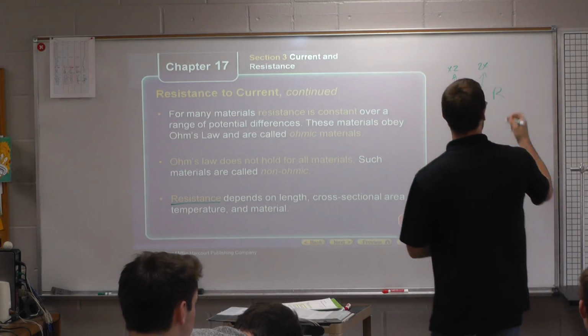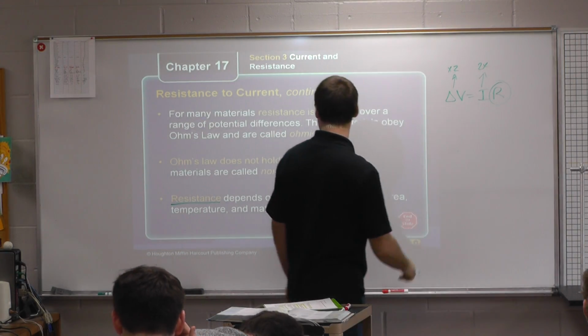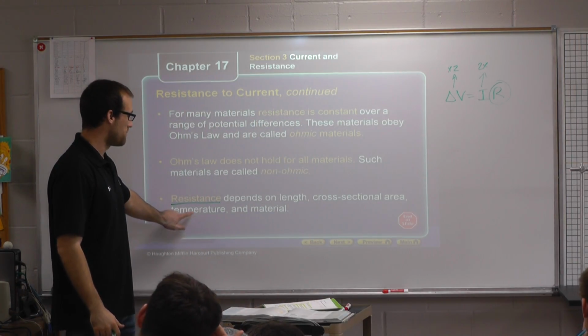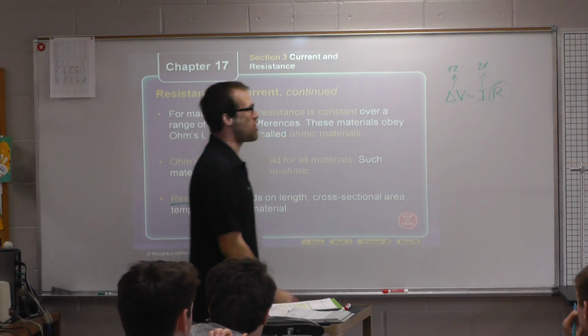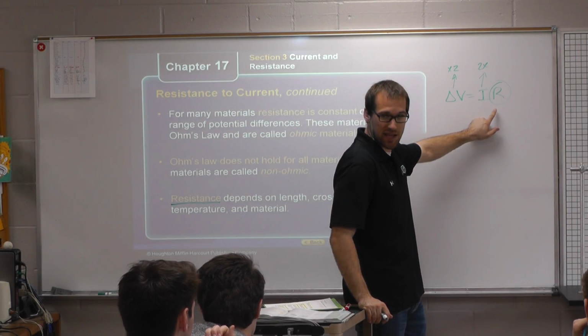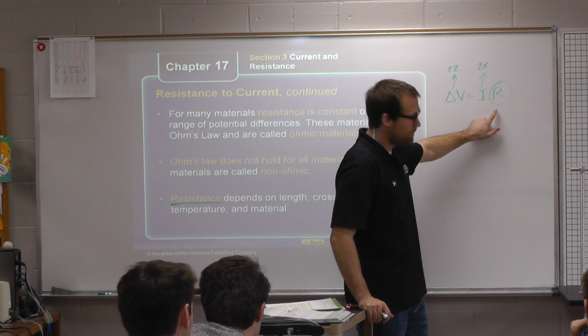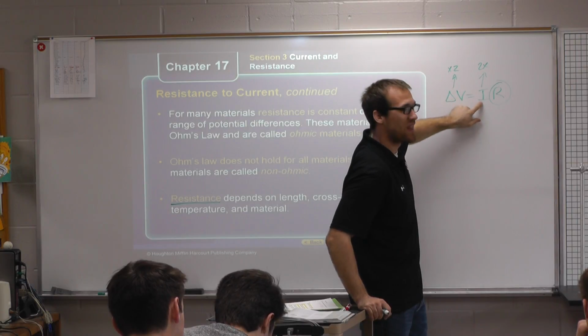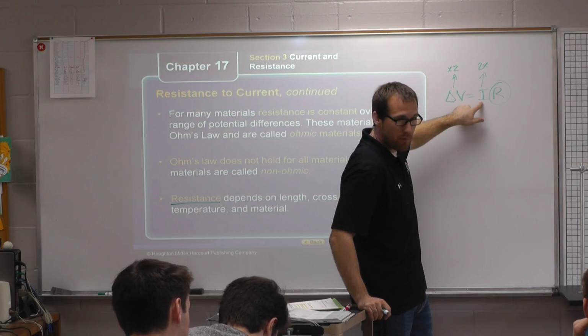So this, theoretically, unless you change it, the only thing you could affect would be temperature. That'd be the only thing you could do to change the resistance outside of itself. So, if this is constant, and this goes up by a factor of 2, this has to go up by a factor of 2.